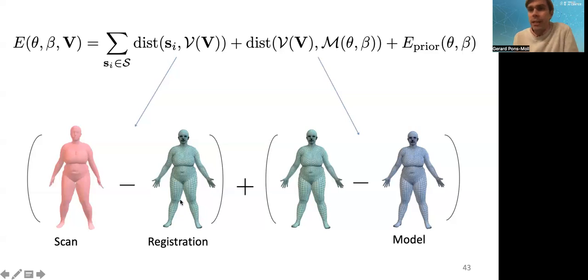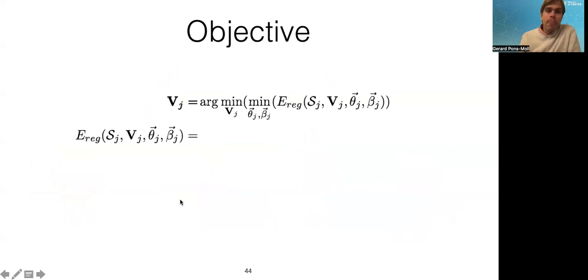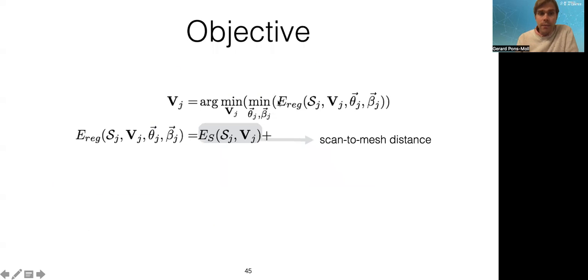So let's look at this objective a little bit more in depth. We have here arg min over the vertices Vj, and a mean over the pose and shape for this particular registration. And so this objective function, or loss function, to fit a model to a scan has a scan-to-mesh distance, which we've seen, that minimizes the distance between the scan and the surface of the registration.